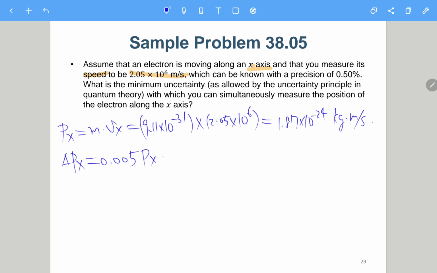So this is 0.005 times 1.87 times 10 to the minus 24, and this value is 9.35 times 10 to the minus 27 kg m per s.